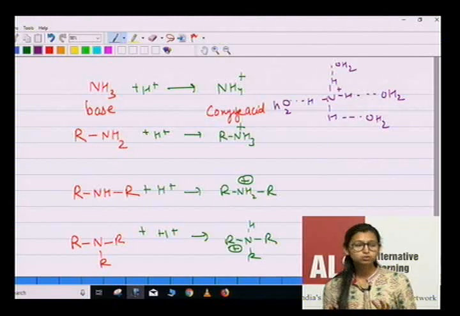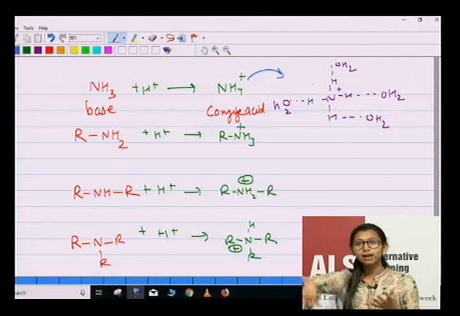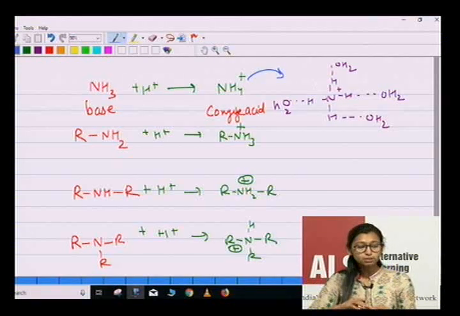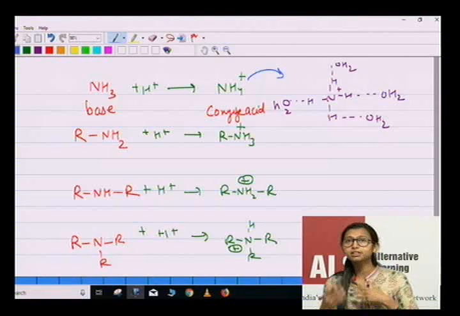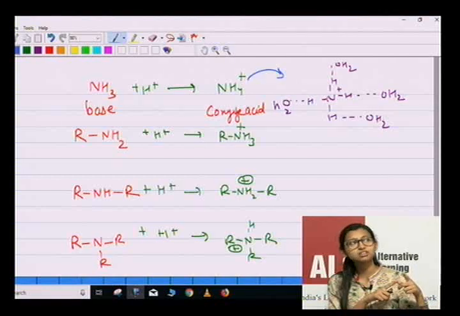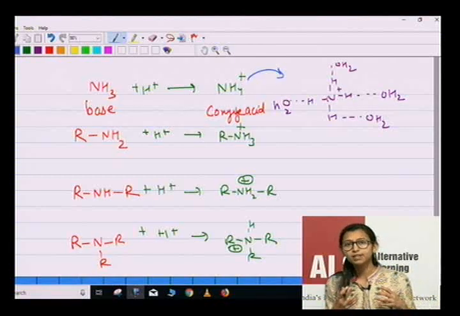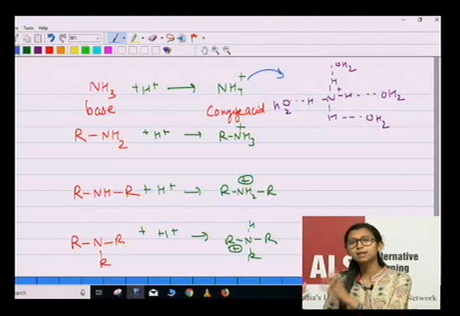Are you people able to see that? Now one thing very important, Shillong. If this particular thing is stabilized by the hydrogen bonding, then it means it wants to get converted into the acid. You remember the same concept which we were applying in the acidic strength. What we were saying in acidic strength is that that acid will be a very good acid which will have a stable anion.